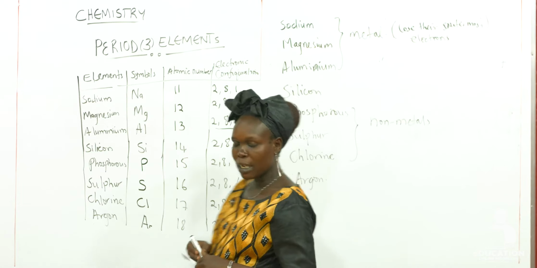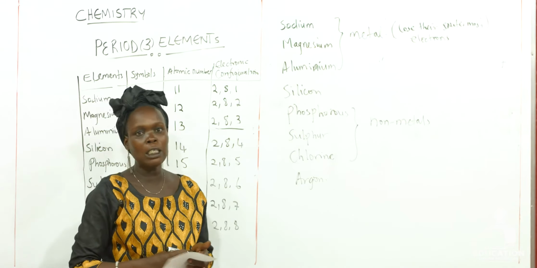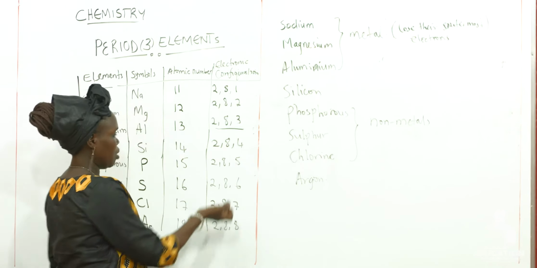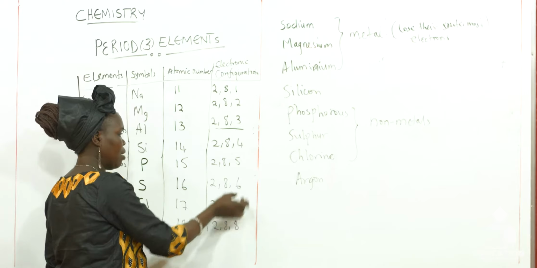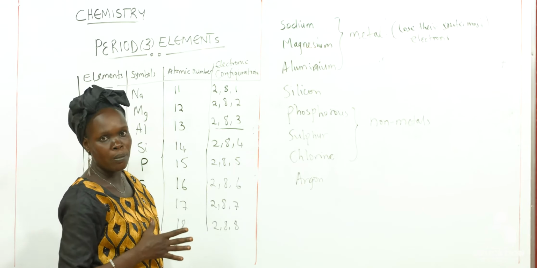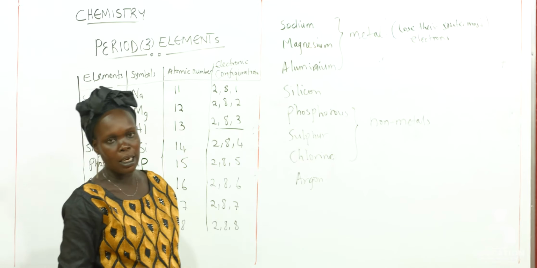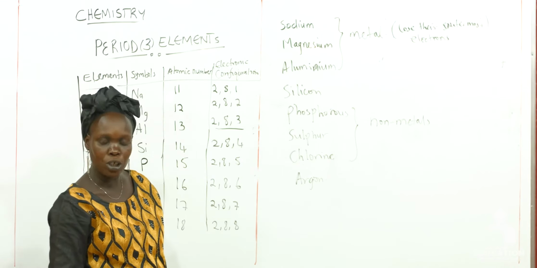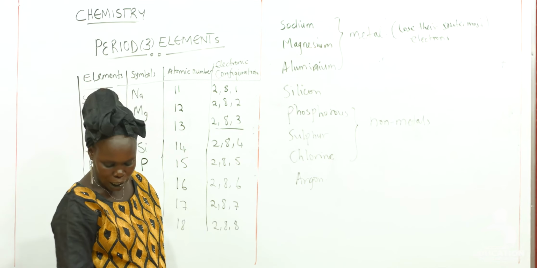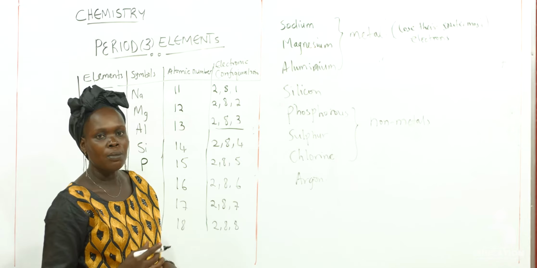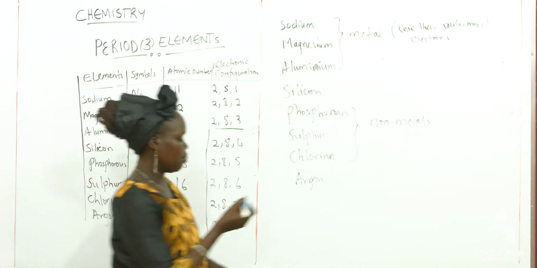When we consider them as non-metals, we mean that they have electrons in the outmost cell, which is 5, 6, and 7. These electrons, we are going to top them up into 8 electrons, and we say they gain electrons to their outmost shells. So when they gain electrons to their outmost cells, then they will behave as non-metals.